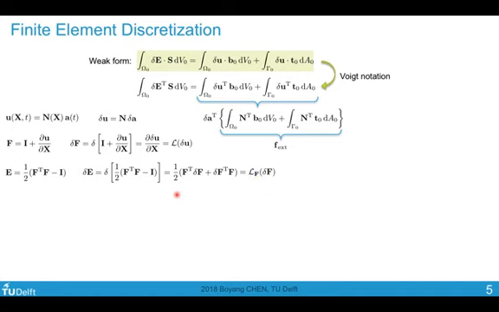We have come to the conclusion that delta E is linear in delta F, and delta F is linear in delta U. So we can conclude that delta E is linear in terms of delta U, and this linear map is parametrized by our deformation gradient F, which means that this linear map is a function of F. Now, because our delta U can be expressed in terms of N times delta A, we can plug in here and write delta E as a linear function of N times delta A. And again, this N here we can consider as a parameter, because once we've chosen a certain element type, it doesn't vary along the analysis.